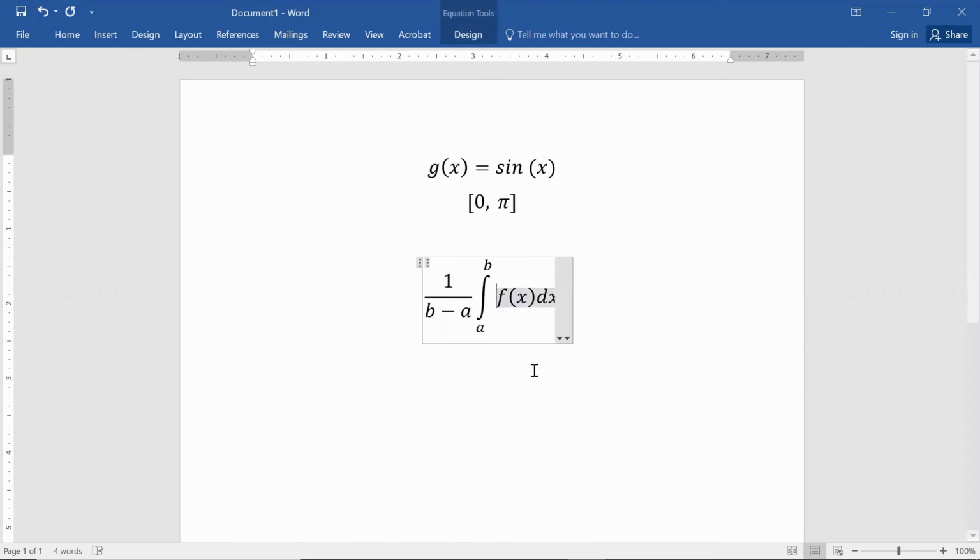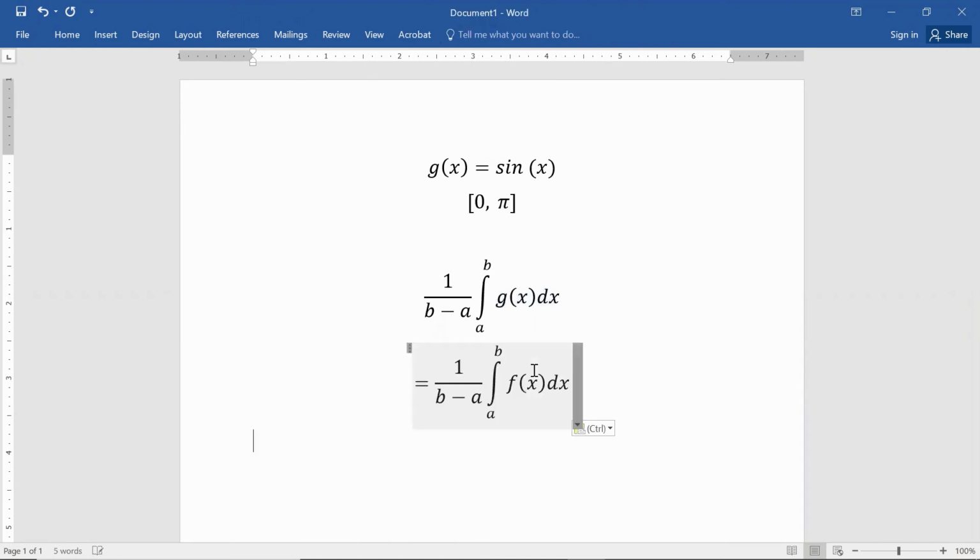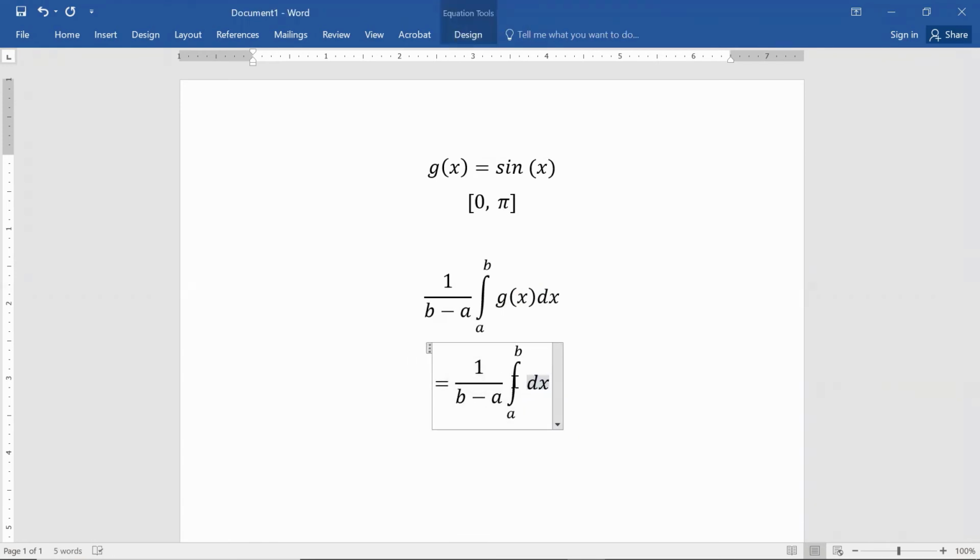Now the average value formula uses the f of x notation, but very easily we can switch it over to the g of x notation if we really want. The function is sine of x. That's the function we're going to be integrating, from 0 to pi. Therefore, my b is pi, and my a is 0.